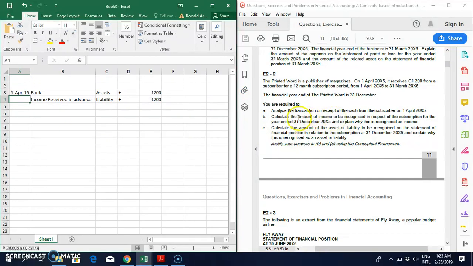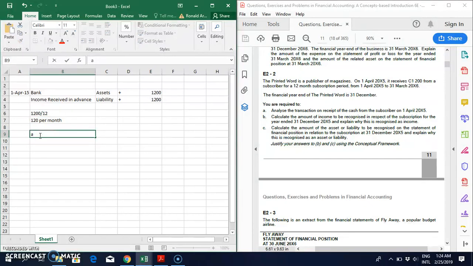Now you come to the 31st of December. So is the full amount still income received in advance? If you come to the 31st of December, it means you rendered the service for April, May, June, July, August, September, October, November, and December. So 1,200 was received for 12 months, which means 120 is the advertising contract per month. Do you agree with that?